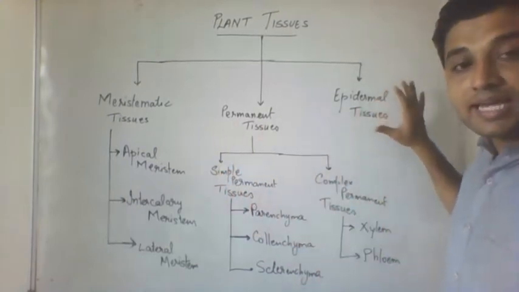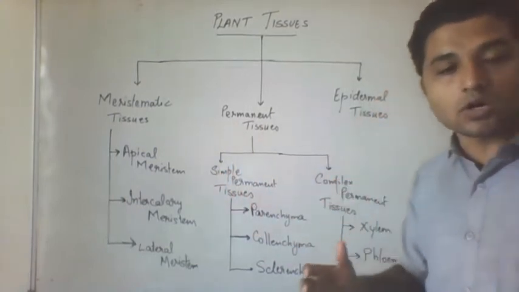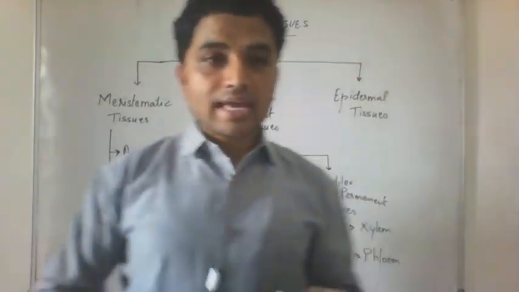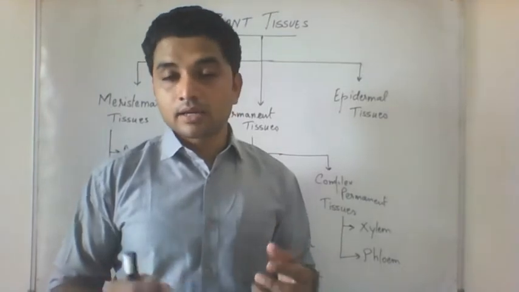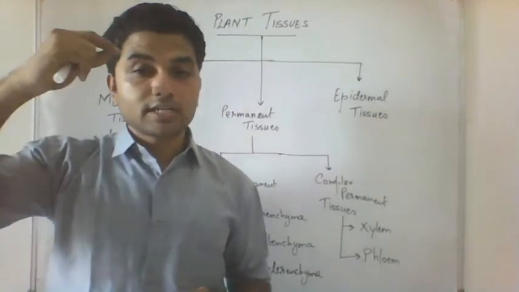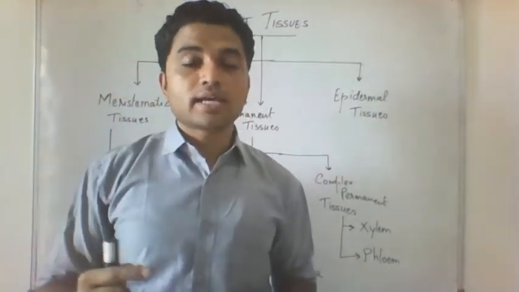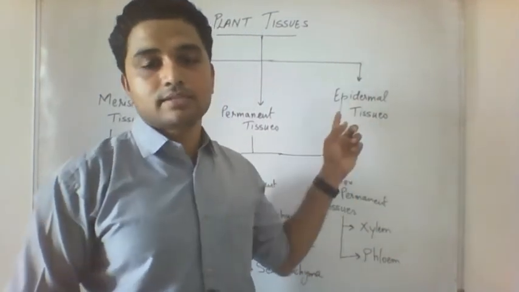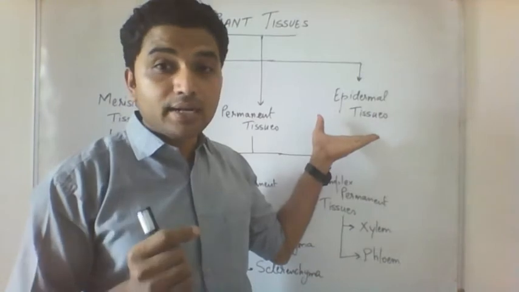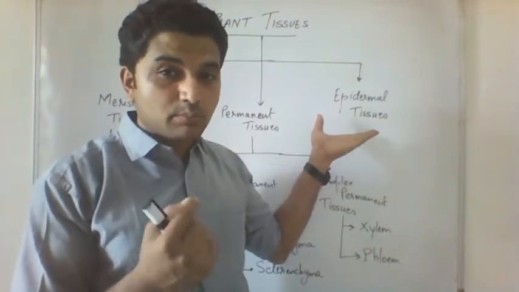And then we also have the epidermal tissues, or simply you can call them the epidermis. Derma means skin. A doctor who treats your skin or hair is known as a dermatologist, because derma means skin. So here we have epidermis, and you can guess the meaning.